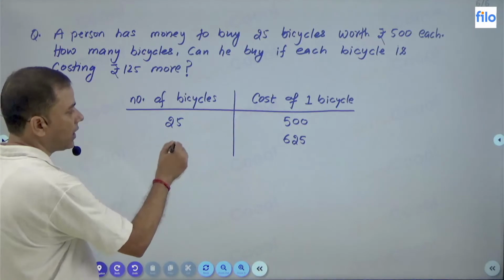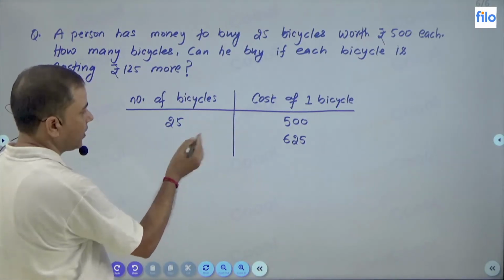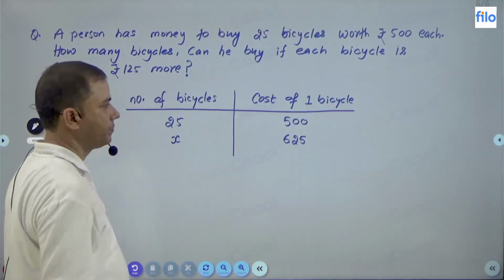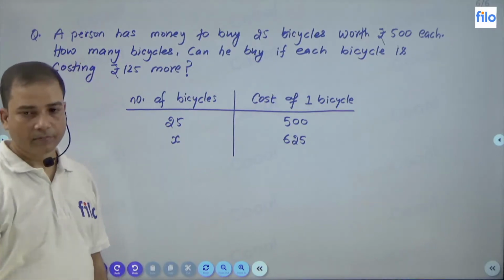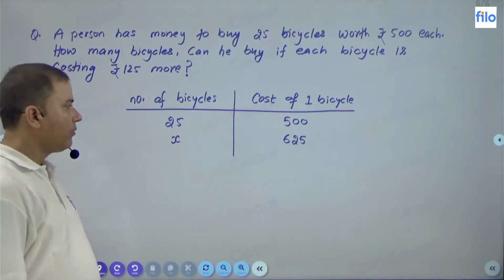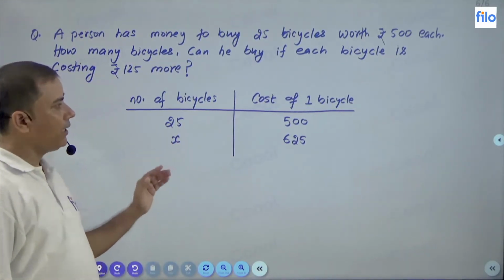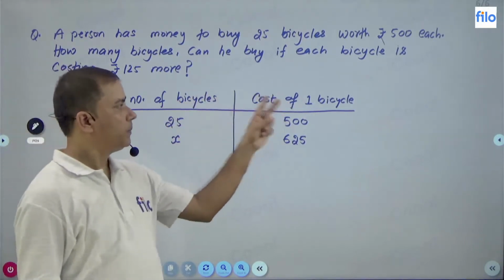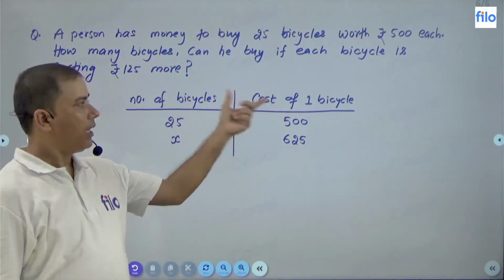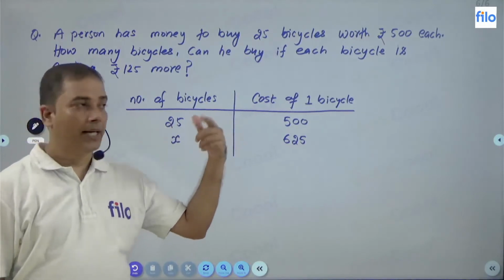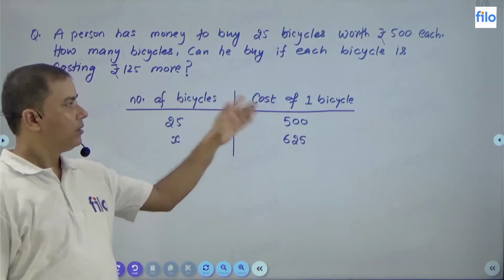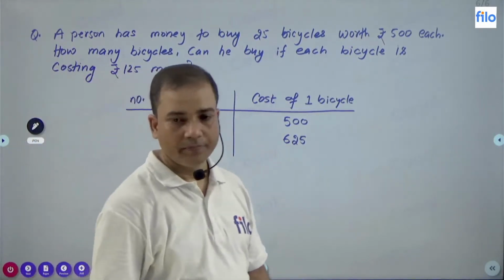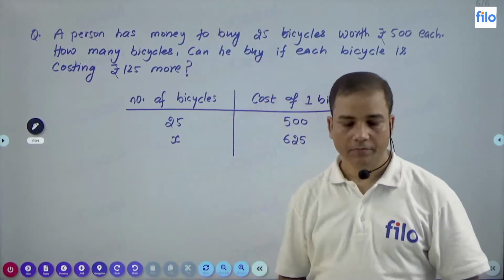How many bicycles? Here is the missing thing. Let us take it x. Before we find the value of x, let us find out the relation between the two. Are they in direct variation or inverse variation? Sir, inverse.